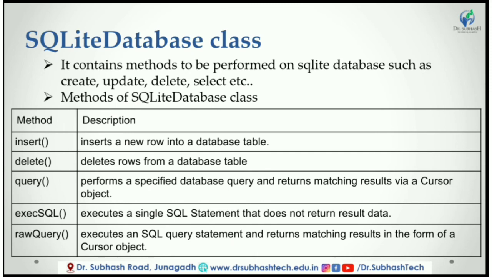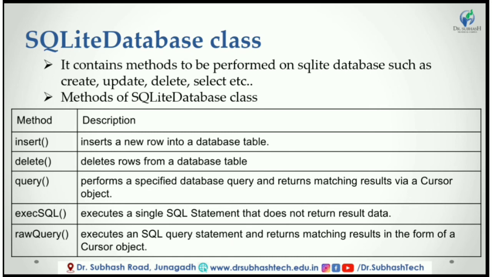The query method performs a specified database query and returns matching results via a cursor object. The execSQL method executes a single SQL statement that does not return result data. Raw query executes an SQL query statement and returns matching results in the form of a cursor object.